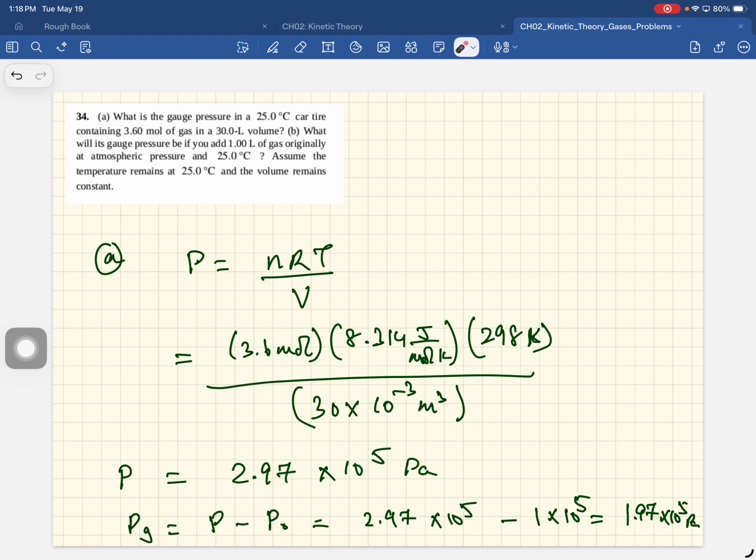Okay. So here is the VRMS speed formula, the square root of 3kT over m.